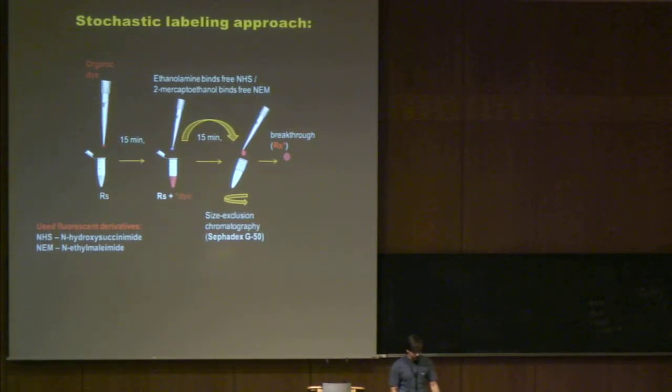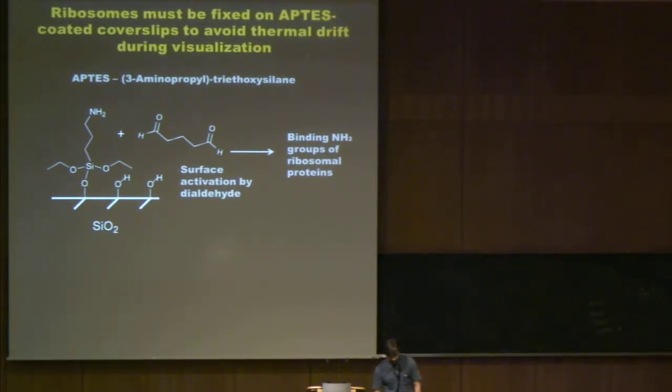But our first tries to visualize ribosomes were inconvenient. All fluorescent signals were blurred, and we can explain this. We must bind ribosomes or polysomes to the surface to avoid thermal drift or other causes of blurring the fluorescent signal.